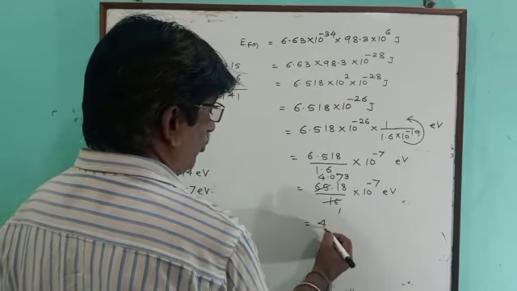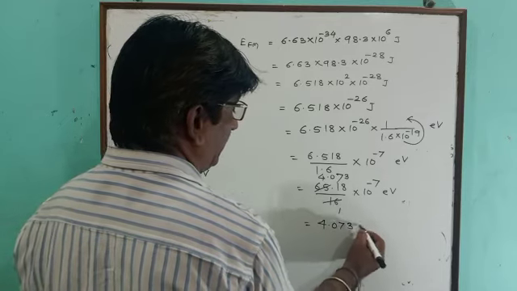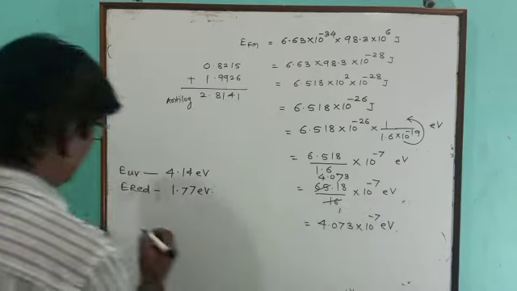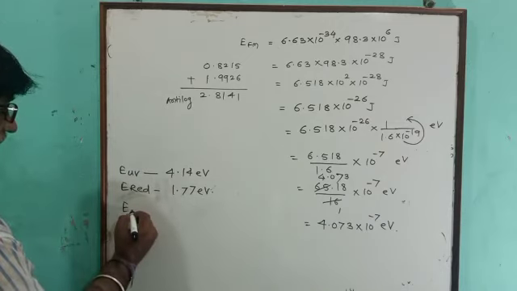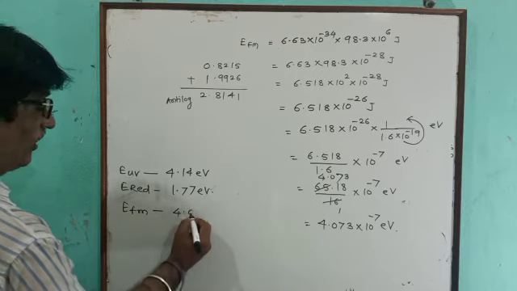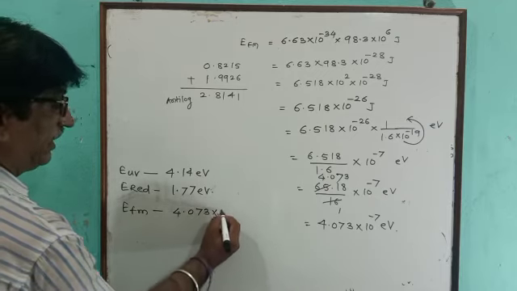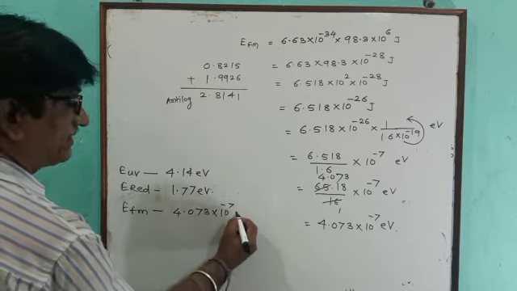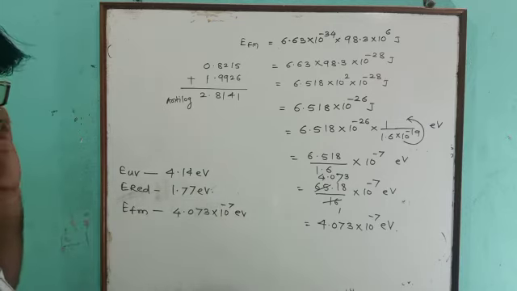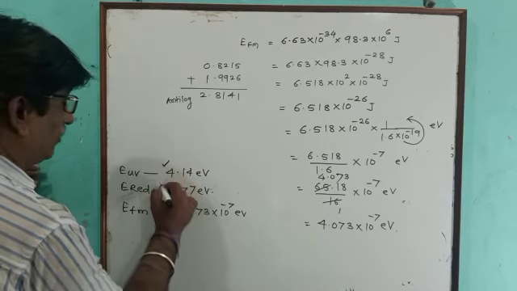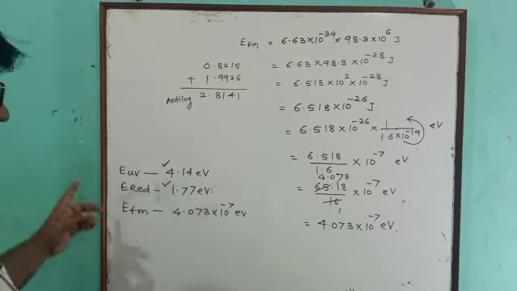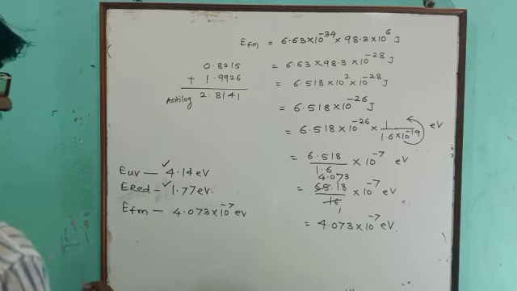So here 4.073 into 10 raised to minus 7 electron volt. So the energy for FM will be 4.073 into 10 to the power minus 7 electron volt, and this energy is minimum compared to the energy for ultraviolet and red color light.